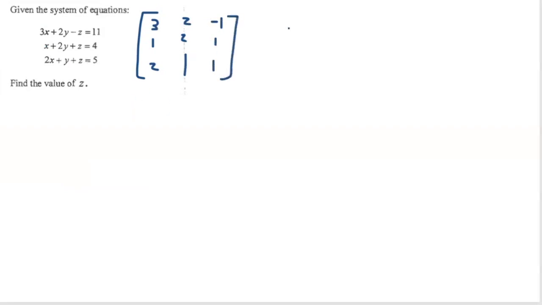Now, to find z, it's going to be the determinant of the z matrix over the original determinant. Just know that this is the x column, the y column, and this is the z column. So let's use the cofactor method to find the answer.